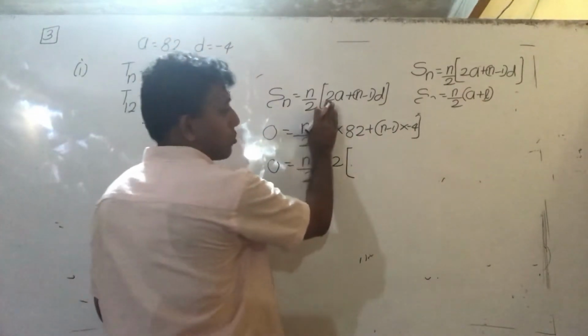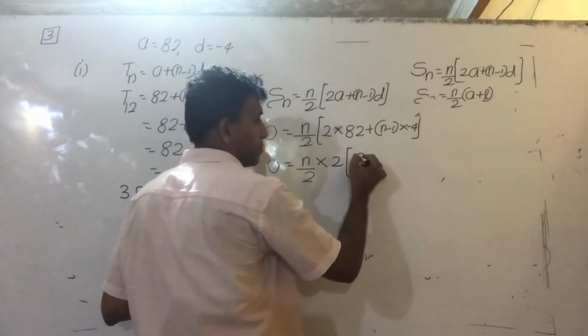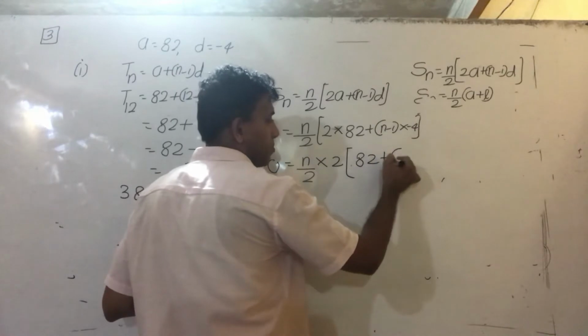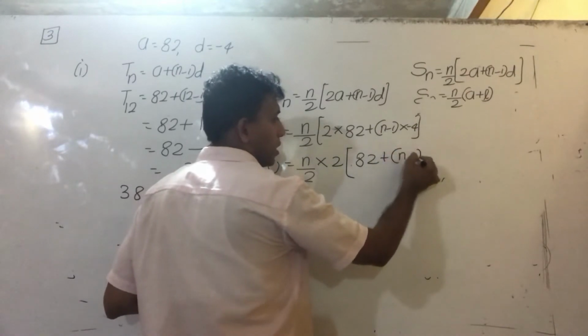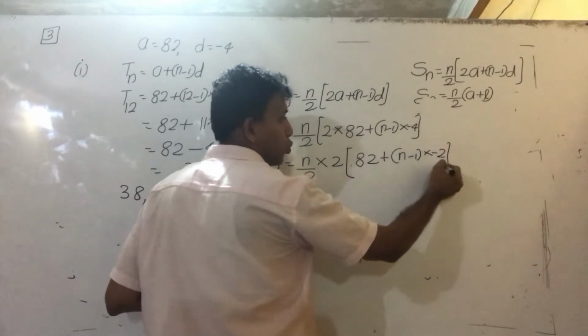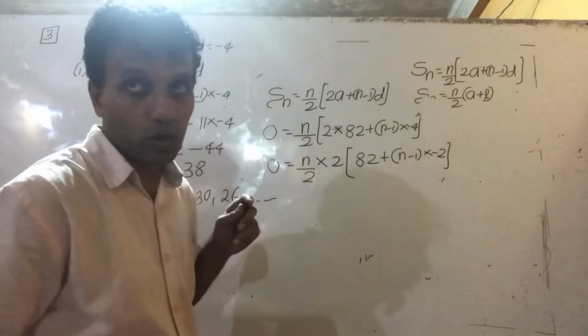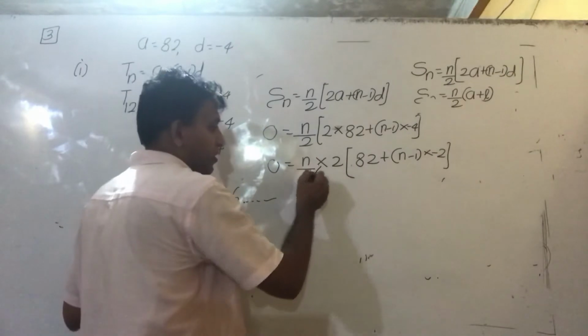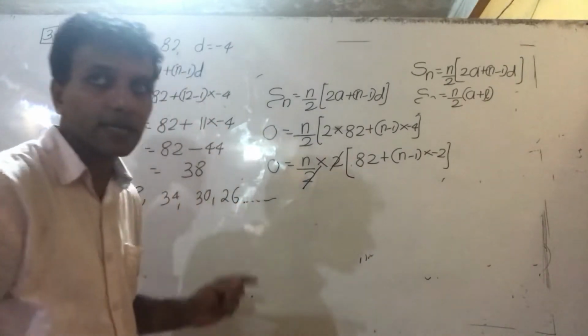So 2 is out. So 81 plus n minus 1 minus 4. 2 taken out, what? Minus 2. 2 is taken out. Okay? See what the profit of taking 2 out is? 2 cancels.